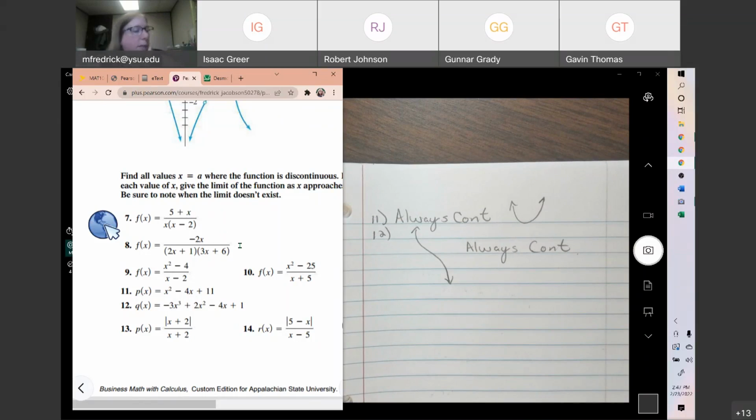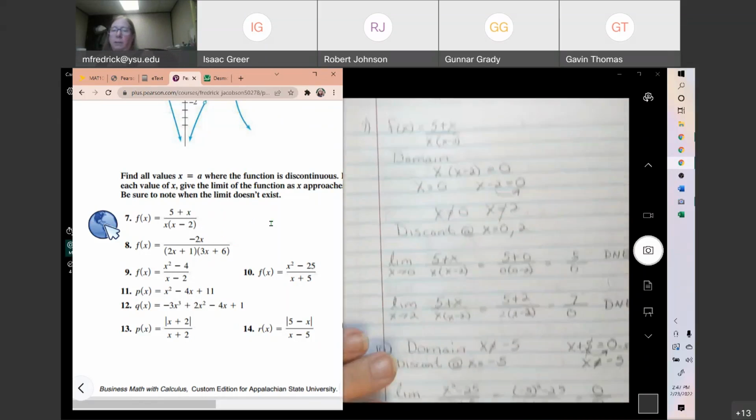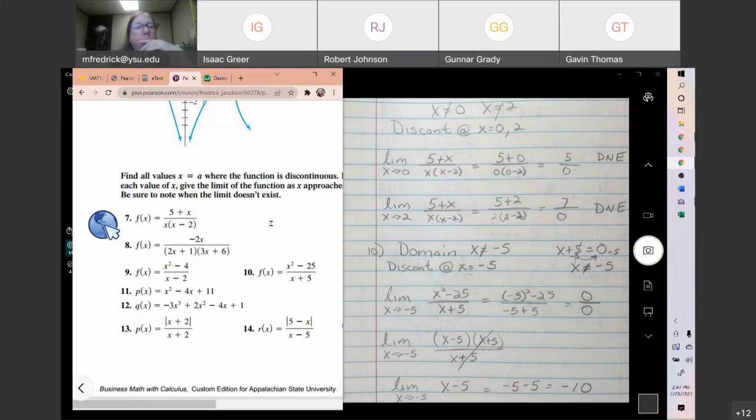I think the next set of problems, they take a little longer. Are there any questions on any of that? We have a couple minutes if you need to maybe do another one. Like number 8, you would set 2x plus 1 equal to 0 and 3x plus 6 equal to 0.